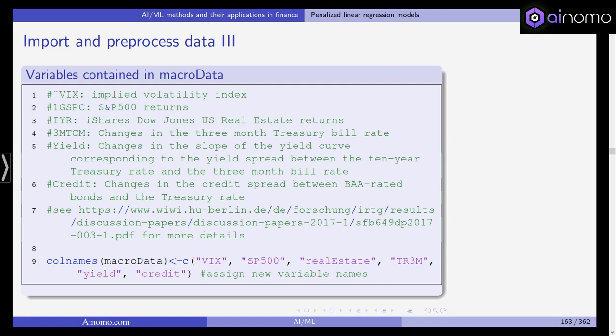So we call column names of the object macro data. They are overwritten with VIX, SP 500, real estate, TR3M, yield, and credit. And by the way, these are the macroeconomic variables that we'll be using.